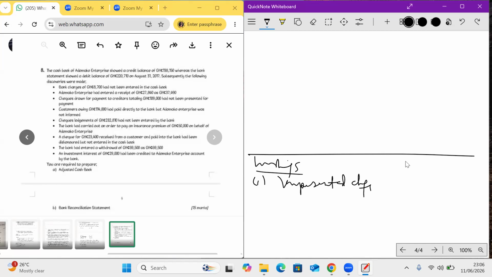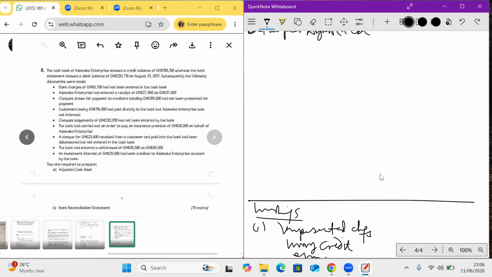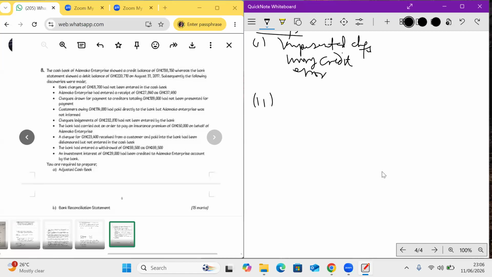Then wrong credits, error, uncredited. Working two. Wrong debits, error.